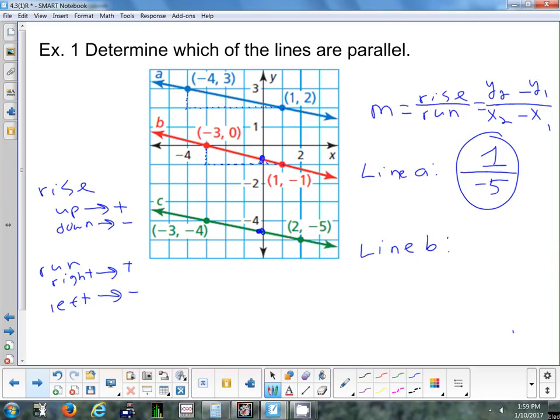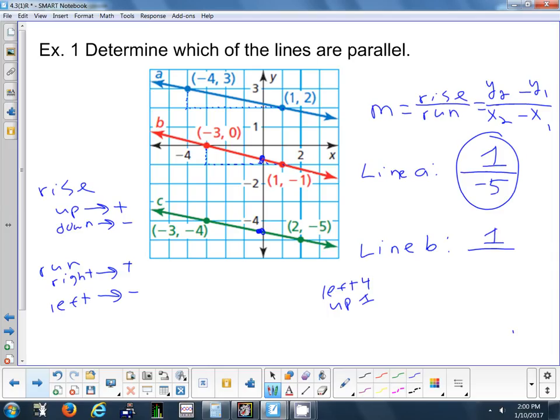All right, so line B, does it matter which red dot you start at? Nope. Let's start at this one. How many left do we go? 4. So we go left. I'm just going to put this off to the side, and then we'll figure out what that means in a second. Left 4, and then up 1. Okay, what's my rise? 1. Yep, I rose up 1.